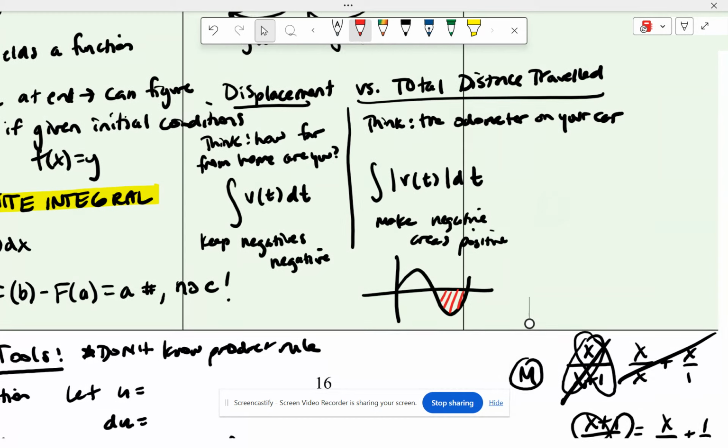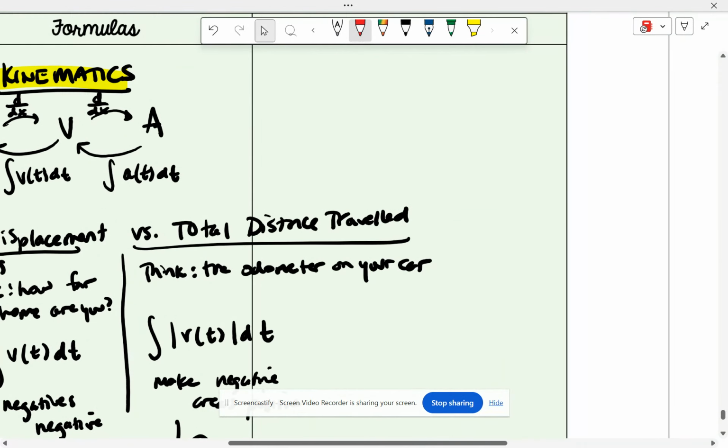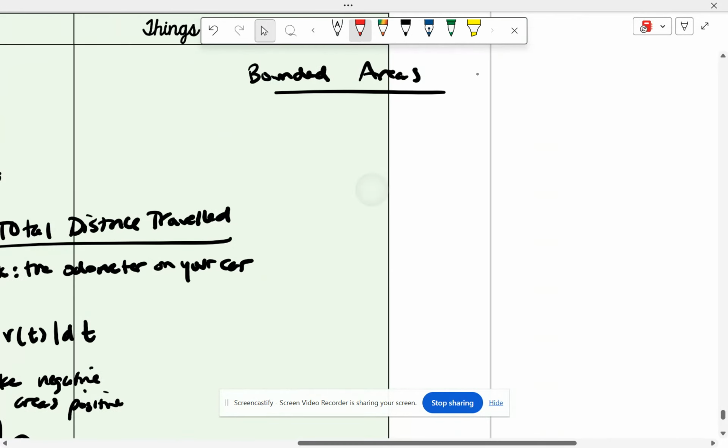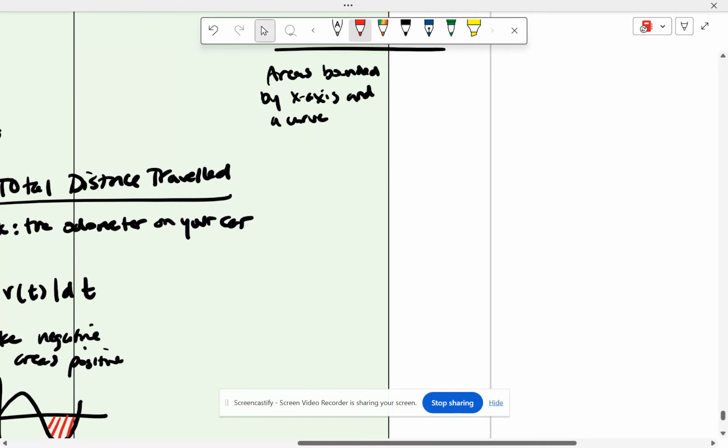All right, so let's think about the cases where we have bounded areas. We kind of just touched upon it, but let's dig in deeper, okay? So when I have bounded areas, we could have areas bounded by the x-axis and the curve. So it could look like this. You can think of the acronym SIT.